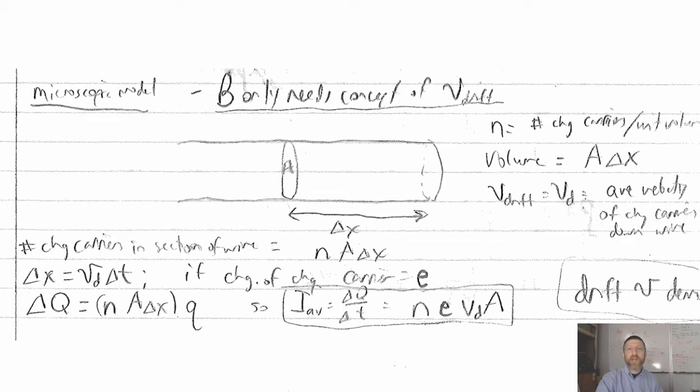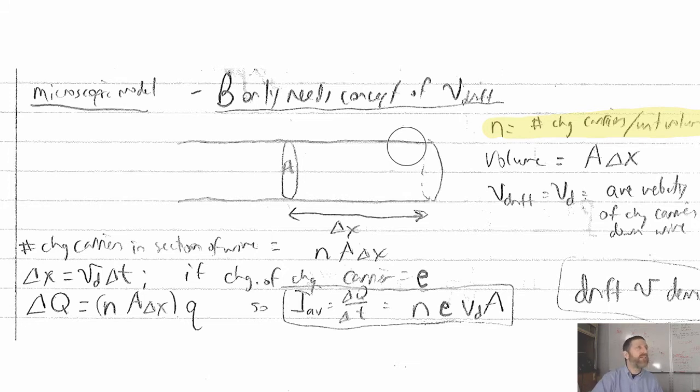So our microscopic model, here is what is involved. We have a couple of important numbers here. One is little n. Little n is the charge carrier density. It is the number of charges per unit volume, so that is just going to be a number per cubic meter. You guys, what is the actual charge carrier in a conducting metal?